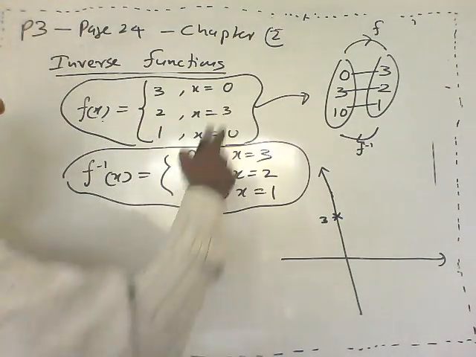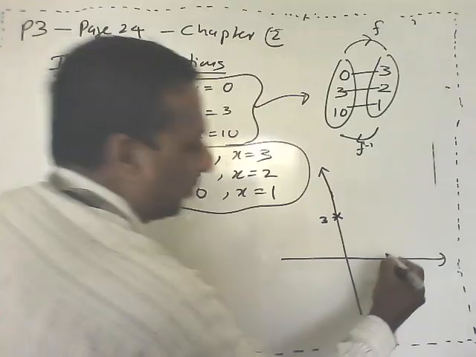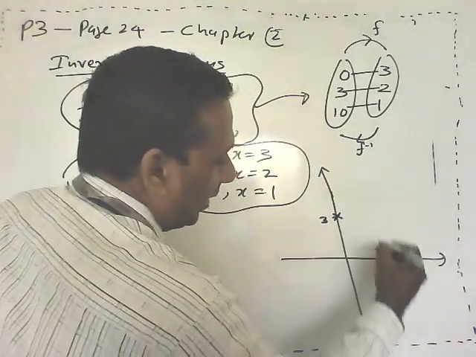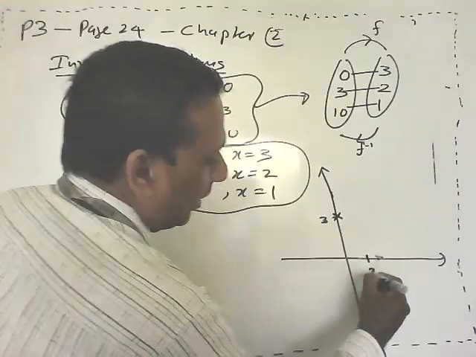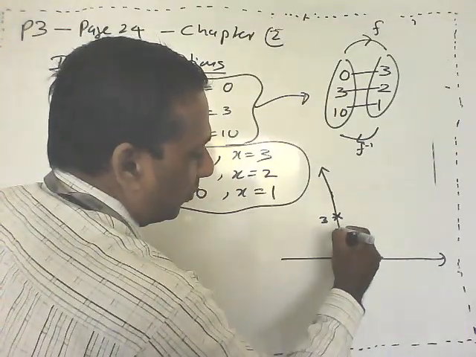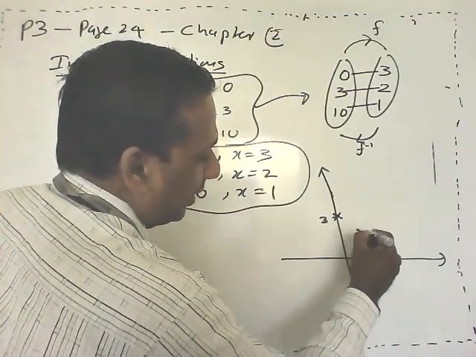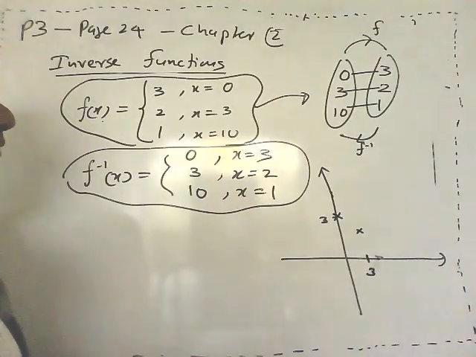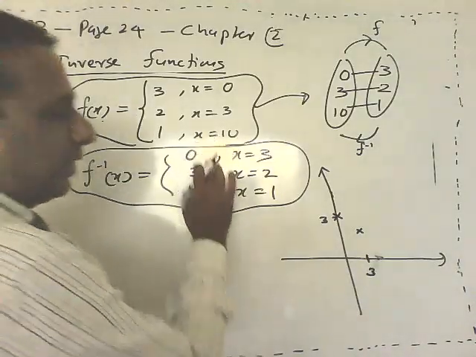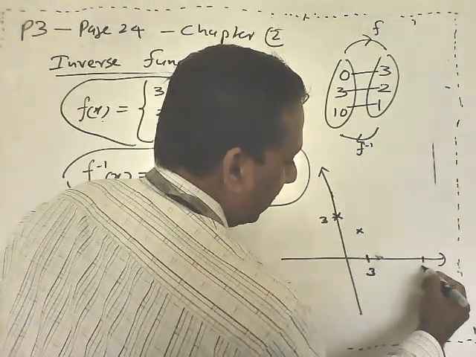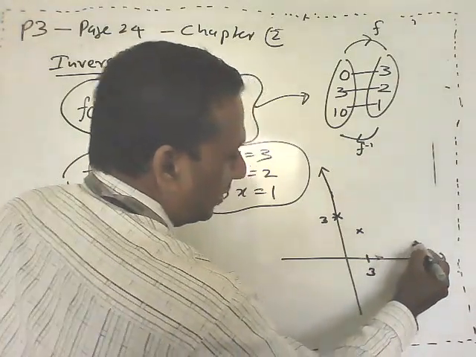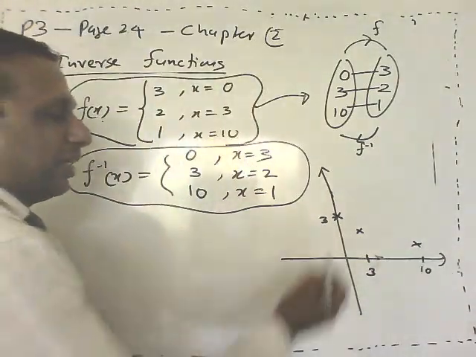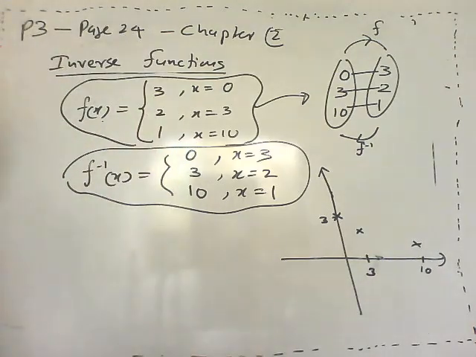For x equal 3 it's 2, so we will put it here closer, roughly 2. For x equal 10 it is 1. So this is the mapping of f(x).